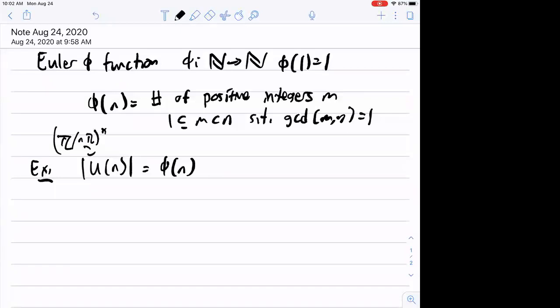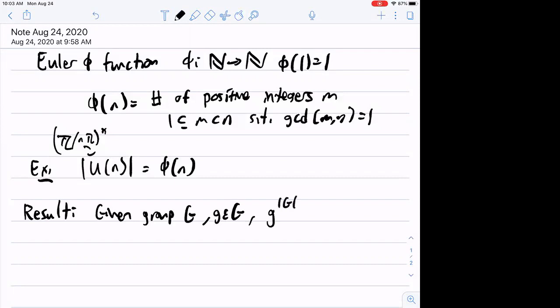So really quickly, we have the result that given any group G and g in G, g to the order of G is what?